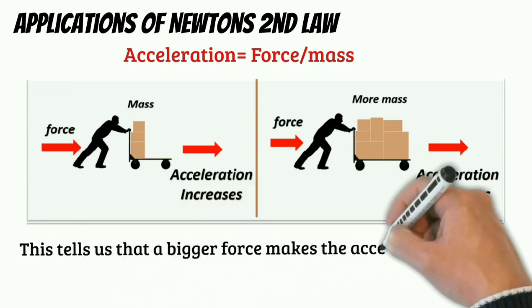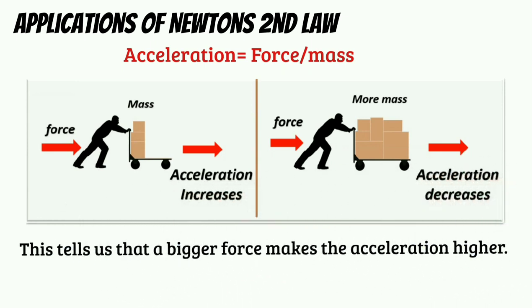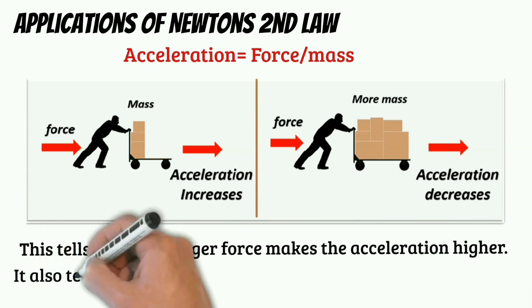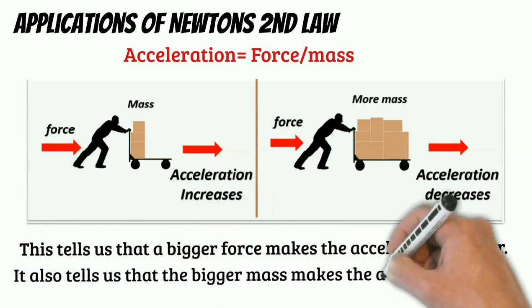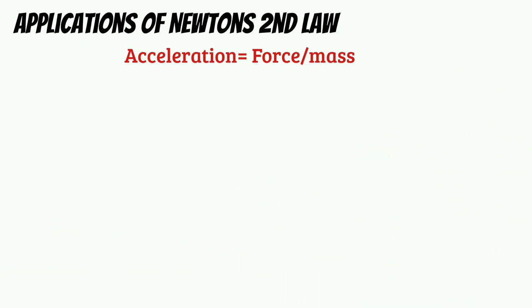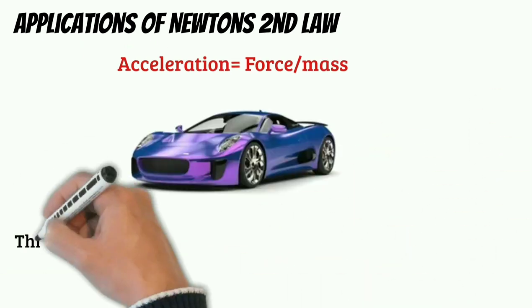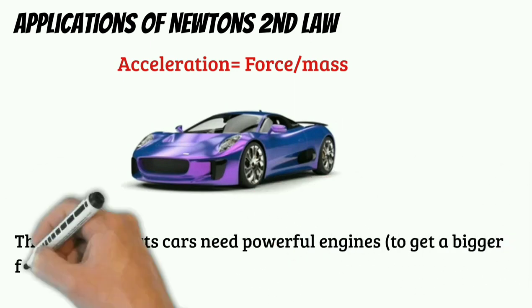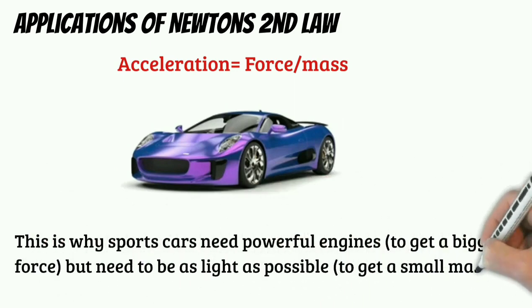This tells us that a bigger force makes the acceleration higher. It also tells us that the bigger mass makes the acceleration lower. This is why sports cars have powerful engines in order to get a bigger force, all while being as light as possible so that they have a lower mass.